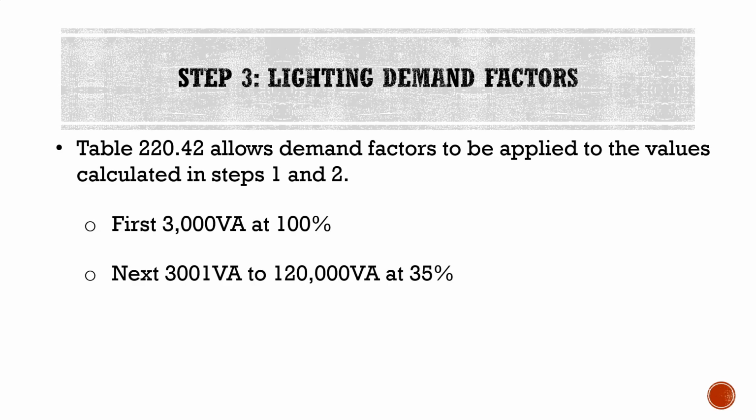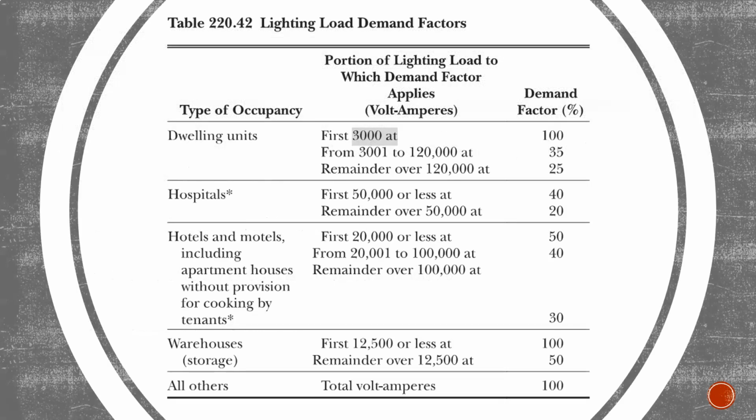Since we already pulled 3,000 from our 12,000, that left us with 9,000 volt amps. So we're going to be taking 35% of that, which would come out to 3,150 volt amps. And then if we have anything over 120,000 volt amps, we would be taking that at 25%. In our situation, we do not.